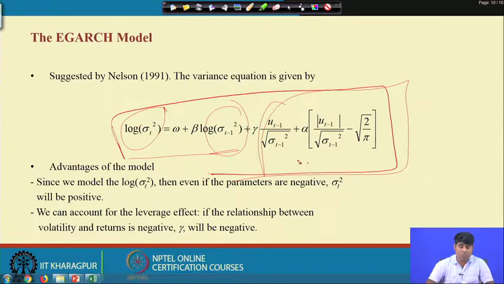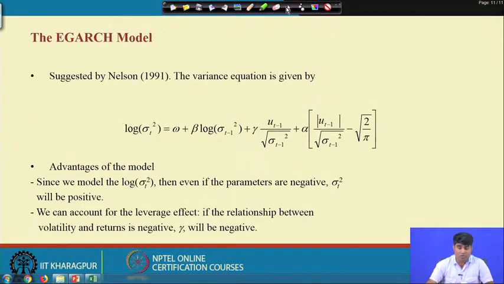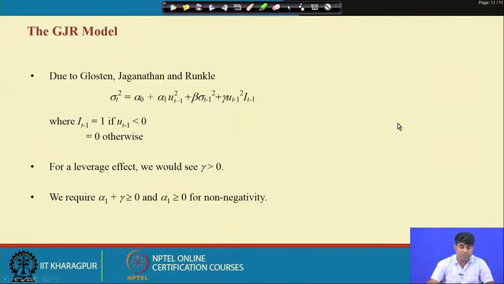We can account for the leverage effect if the relationship between volatility and the returns is negative, and that will be the negative one. So, that means this particular component.